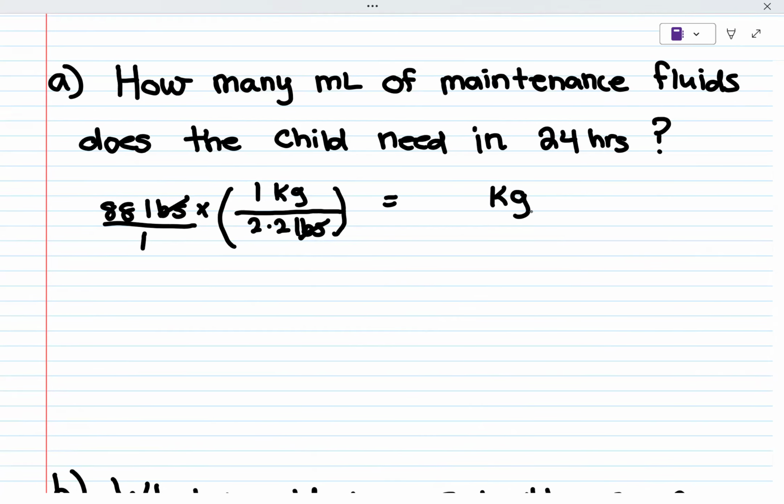You don't have to put that invisible one. You just multiply across, not crisscross. What is 88 times 1? 88. And on the bottom, 1 times 2.2 is 2.2. Then 88 divided by 2.2 is 40 kilograms.